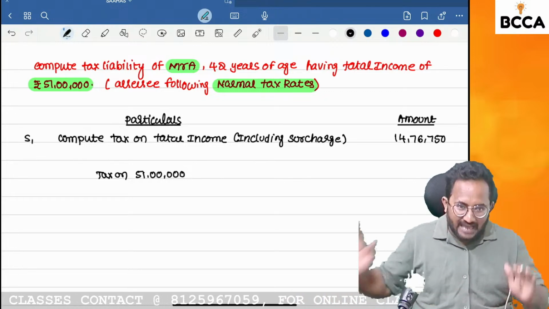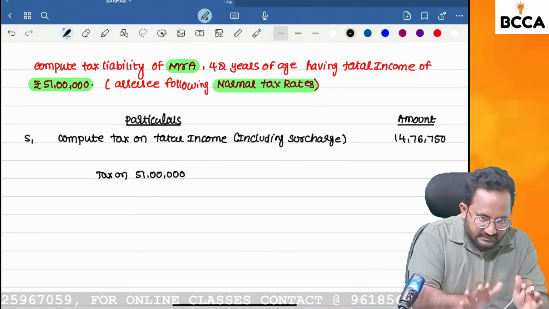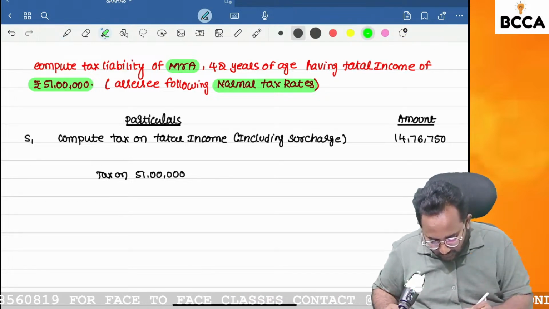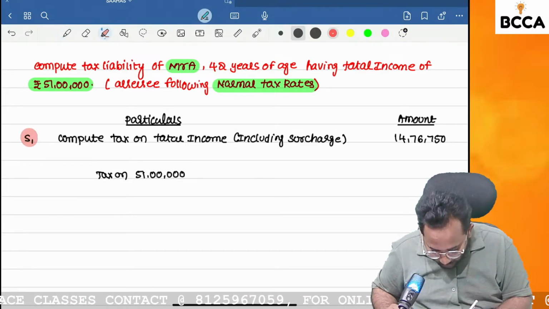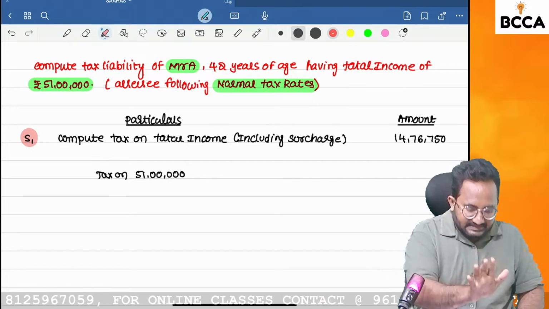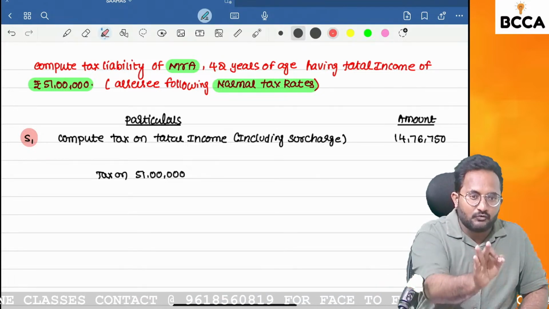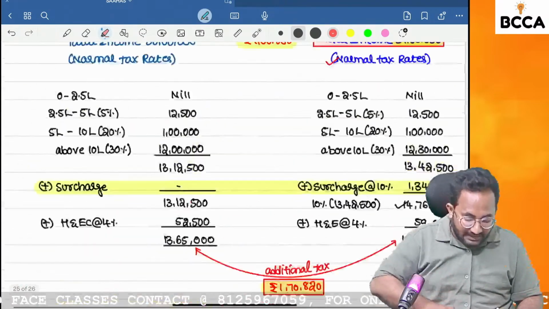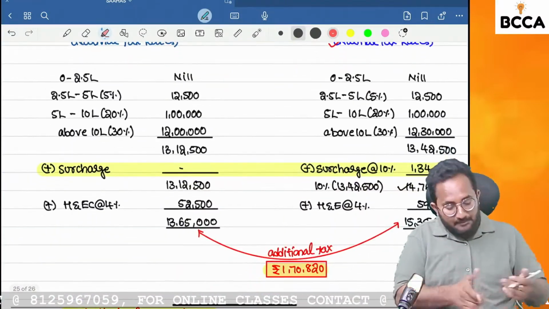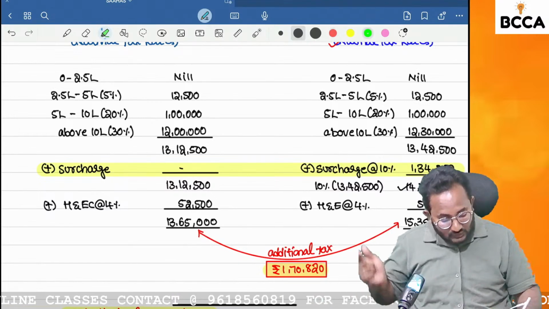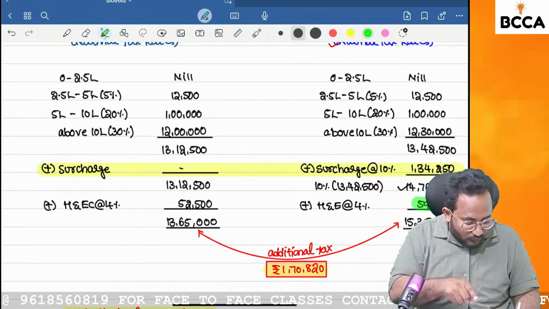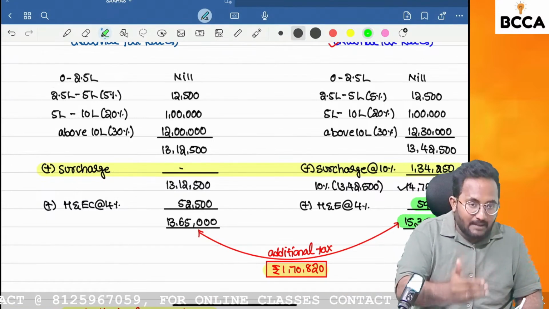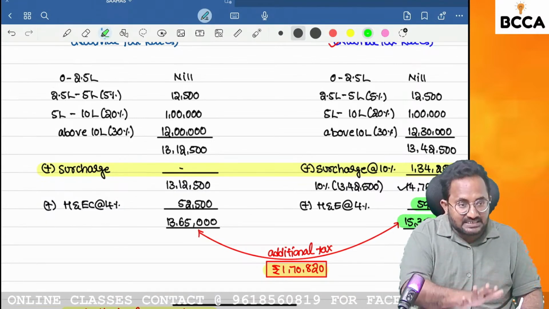As per Income Tax Act 1961 rules, based on that, what is the amount of tax you have to pay? 14 lakh 76,750 plus 4% health and education cess. But if I pay 14 lakh 76,750 plus 4% cess, I am going to pay 15 lakh 35,820.